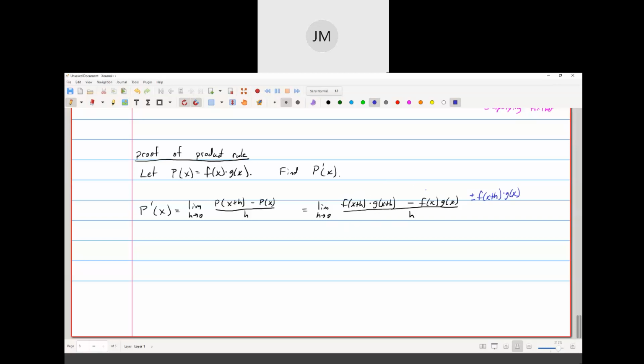But here the g of x parts don't match. Okay. And if I want to get a derivative with g of x, I want g of x plus h minus g of x, but the things that are multiplied by don't match. So what I'm doing is putting in a mix of plus h's and not plus h's so that I can factor a piece away and hopefully some things will match. Okay, so we'll see if that works.